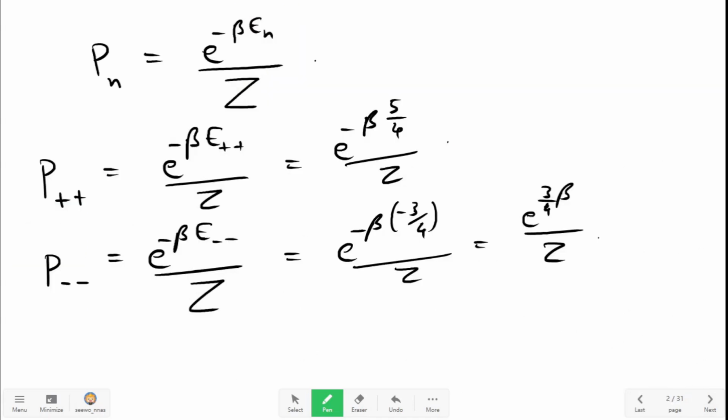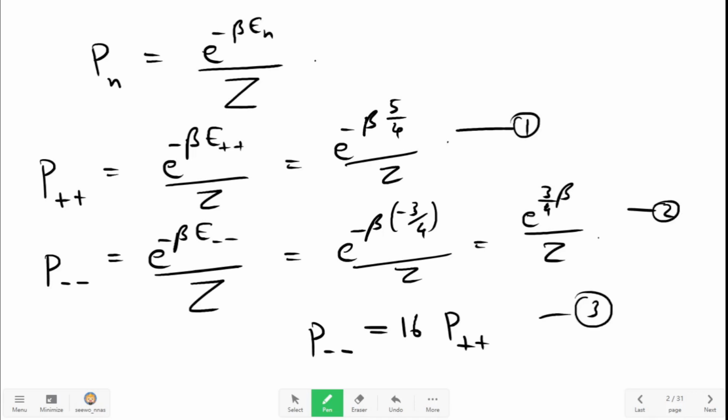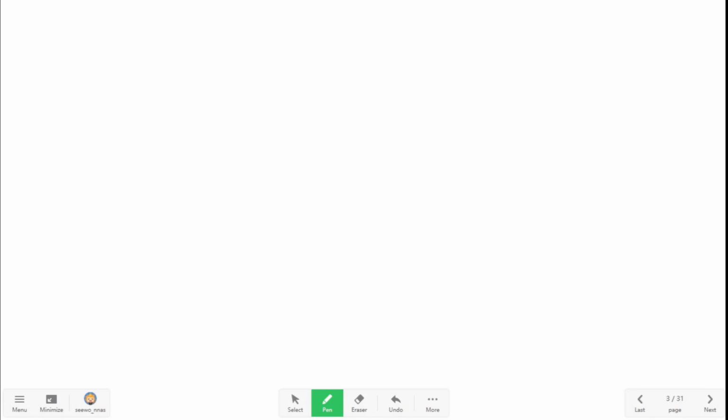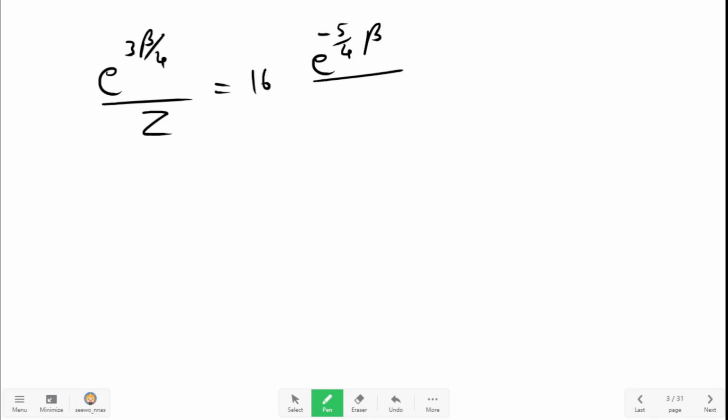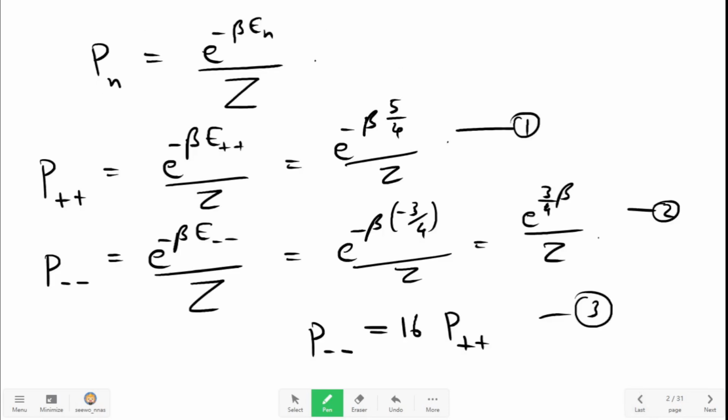So what we are given? We are given P minus minus, probability of both spins taking the value minus 1 by 2, is 16 times probability of both spins taking values plus 1 by 2, which means from equation 1, equation 2 and equation 3 we have e raised to 3 beta by 4 divided by Z is equal to 16 times e raised to minus 5 by 4 beta divided by Z. This is coming from equations 1 to 3.